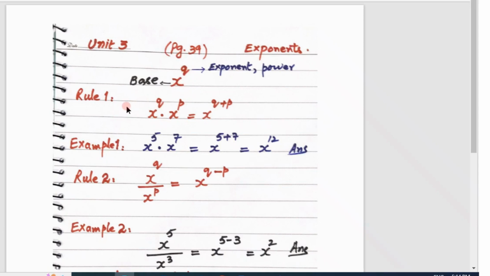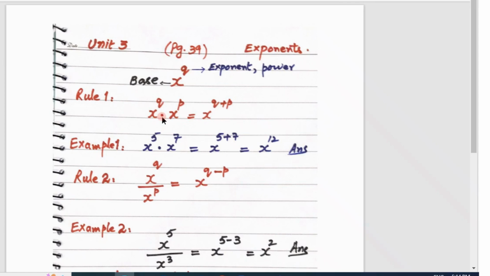Now I'm going to explain a few rules related to powers side by side so that you feel easy while doing your algebraic calculations. Rule 1: if you have this type of exponential terms, then what will you do? This dot is representing multiplication.